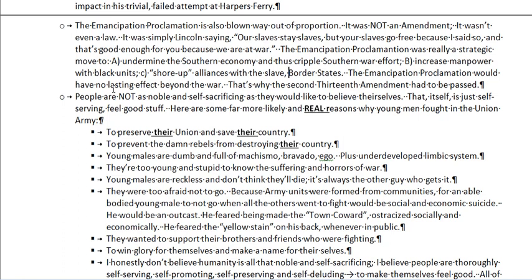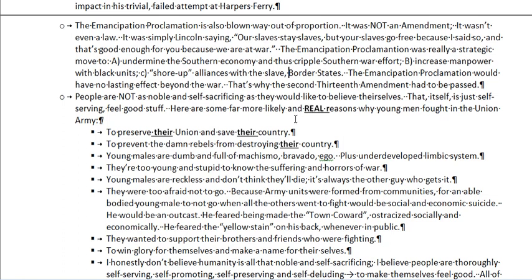All right, so what I say is, people are not as noble and self-sacrificing as they would like to believe themselves. They want to believe that about themselves because it makes them feel good. That in itself is self-serving, feel-good stuff. Here are some far more likely and real reasons why young men fought in the Union Army.